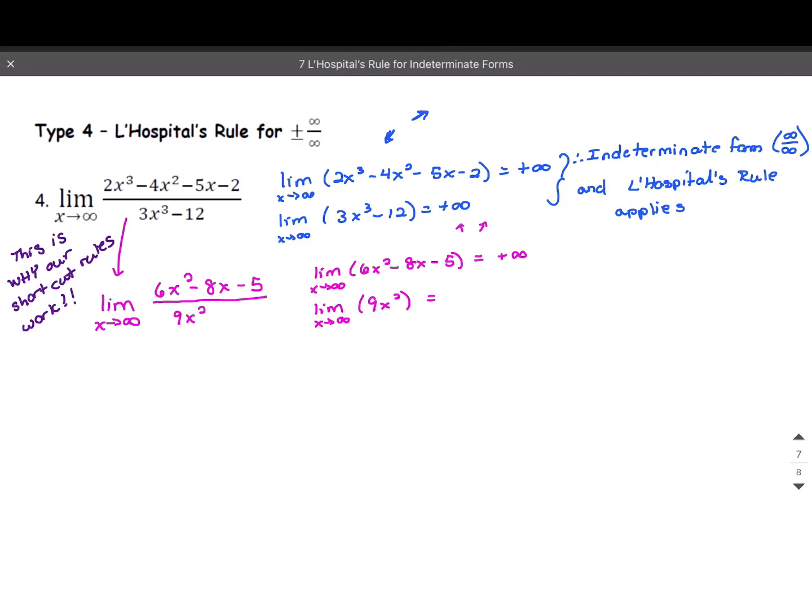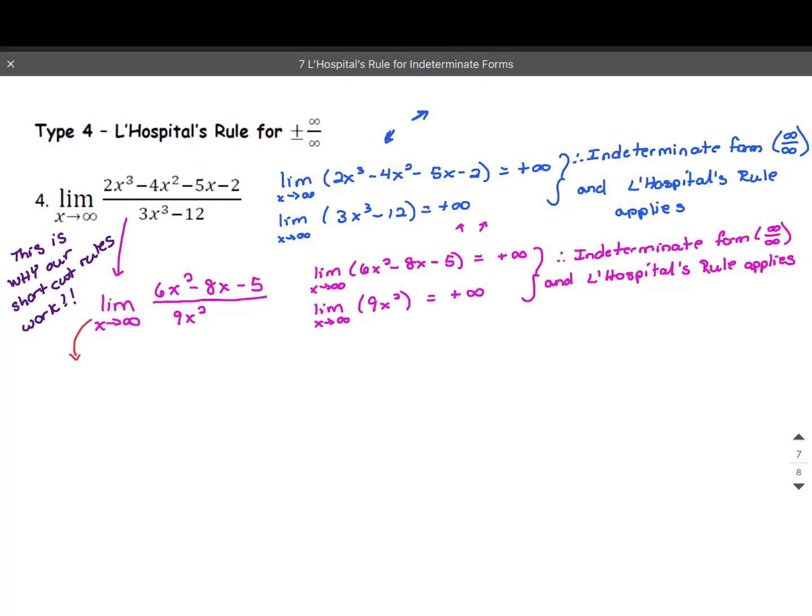That's also an even function with a positive leading coefficient. So again, it looks like y equals x squared at the ends, so it's increasing without bound. So again, we have an indeterminate form, infinity over infinity. And now we know that L'Hopital's rule applies. And unfortunately for us, we're not done.